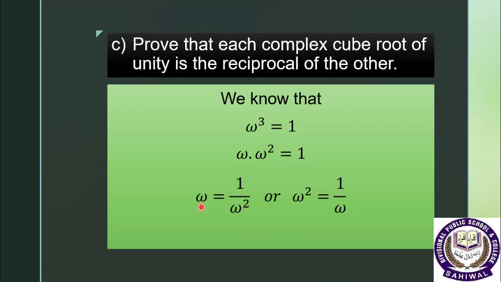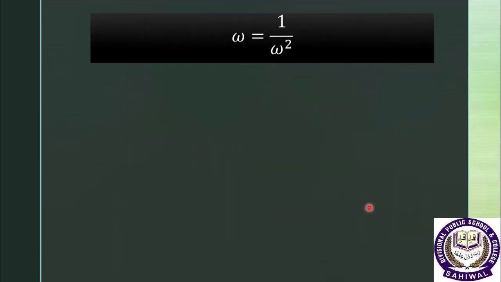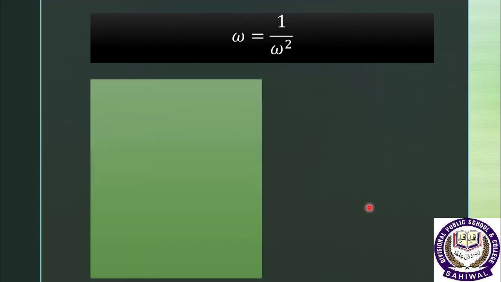Here I am solving omega is equal to 1 over omega squared and leaving omega squared equal to 1 over omega for you as a practice exercise. So we have to prove that omega is equal to 1 over omega squared.